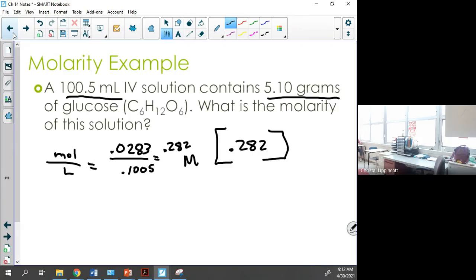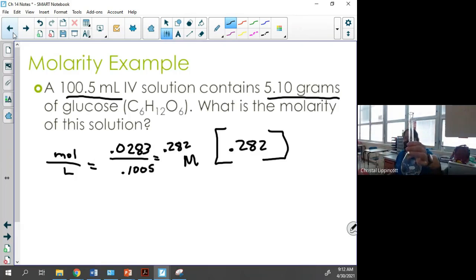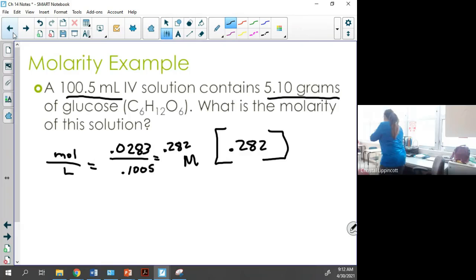All right, so what we have is a volumetric flask. It has etched lines on it that give you a volume reading for whatever is specified on the flask.